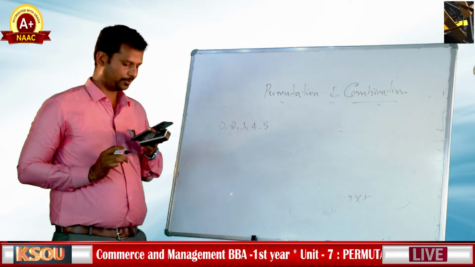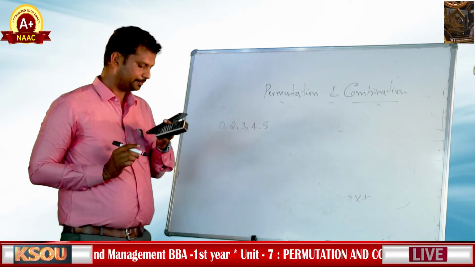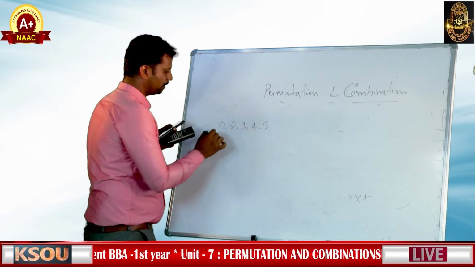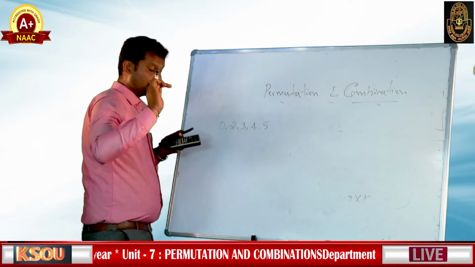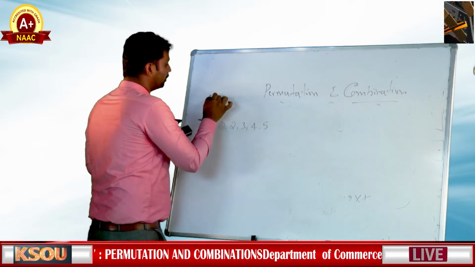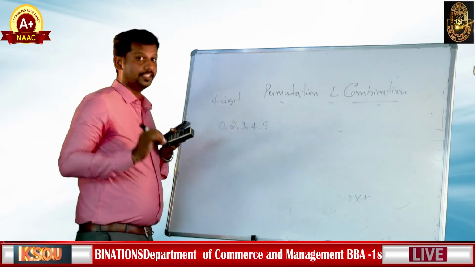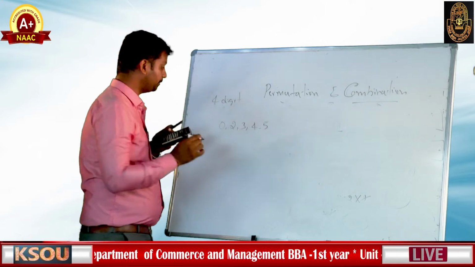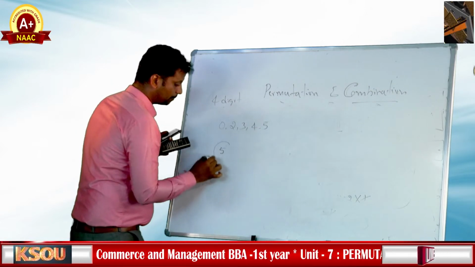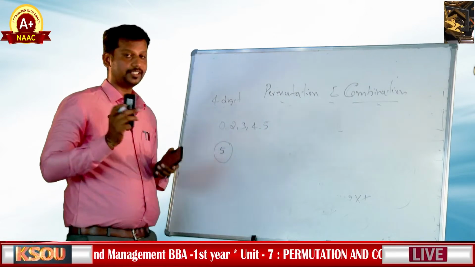The number of digits is 5, and you should select 4 digits so that the number will be divisible by 5. I think the question is very clear.